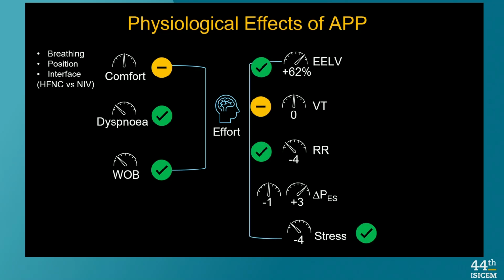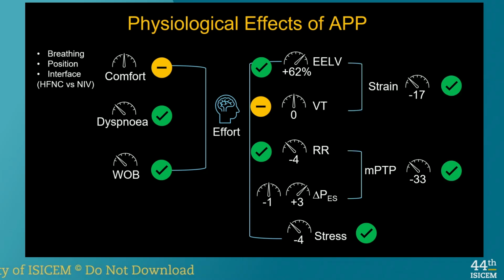And these are data, when you look at the end expiratory lung volume, it seems to be going up. The tidal volume remains the same, but there is on average, and this seems to be consistent, a reduction of 3 to 4 breaths per minute across the studies, with a reduction in stress.